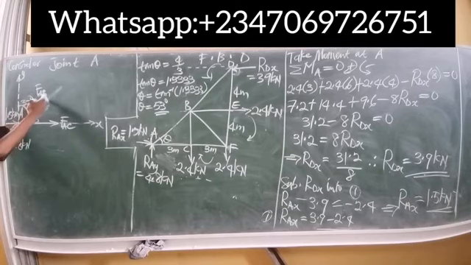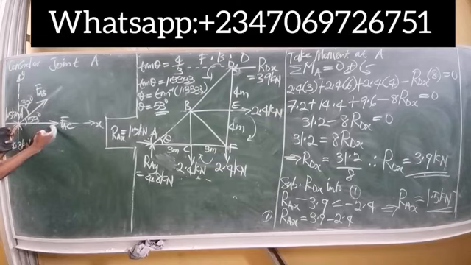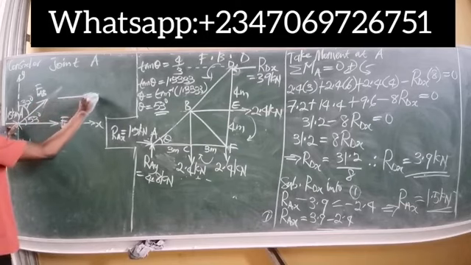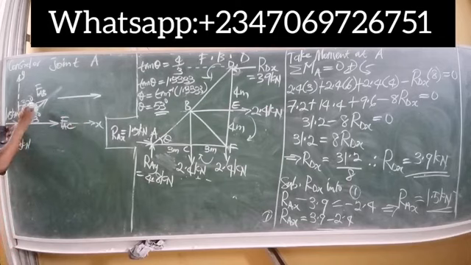So if I hold this force and pull it till it meets the horizontal line, let me do that in a free body diagram here because here is already occupied. Okay, so if I pull this force to meet the horizontal line, this force points to the right. It still points to the right because this arrow will still point to the right. And again, it passes through this angle, 53 degrees.